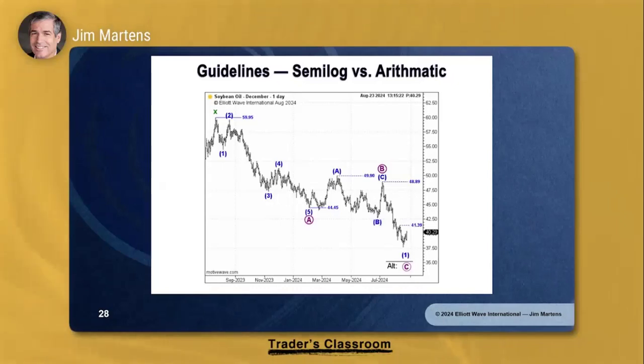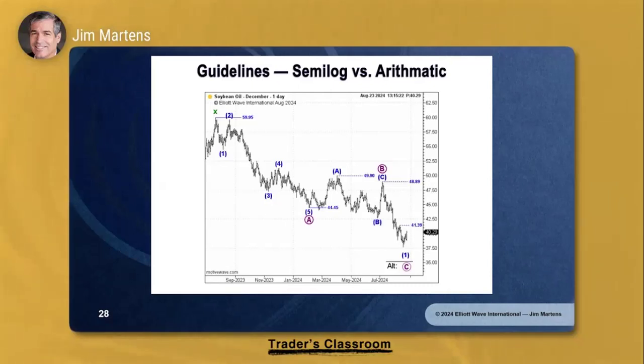From the right side, counting an ABC movement, but in this case, wave C looks out of proportion to wave A. It's noticeably shorter. However, if we were to compare the percentage drop associated with each wave, you find that they travel a similar distance. Wave A dropped 25.85%, almost 26%. Wave C dropped 22.97%, or close to 23%.